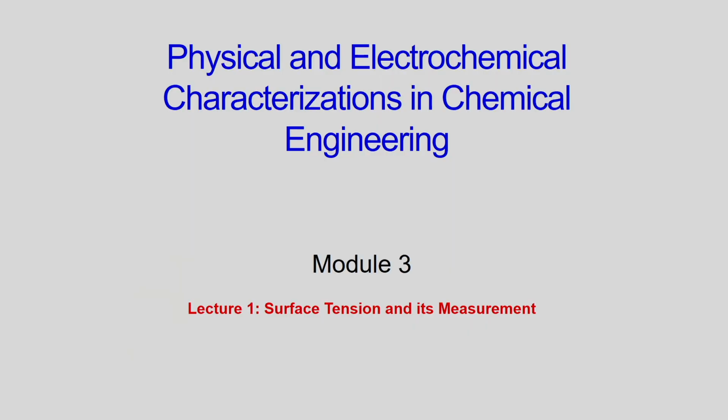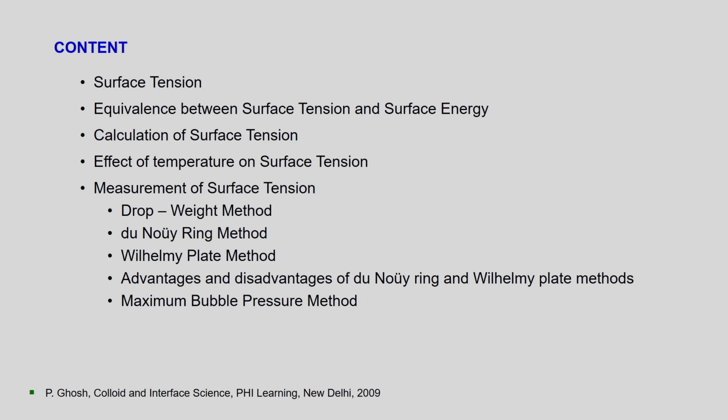In today's lecture, we will start with surface tension. The first part of this module is interfacial and surface tension, so we will start with surface tension, then go to interfacial tension. The first lecture is on surface tension and its measurement.